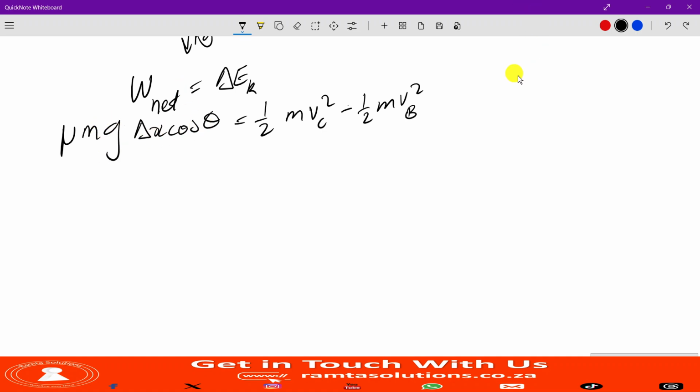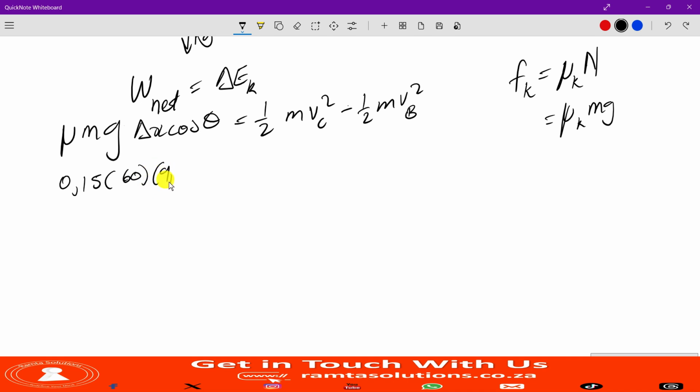Why? Because kinetic frictional force is equal to mu sub k multiplied by the normal force. In this case, the normal force is mass times gravitational acceleration. So it is 0.15 times the mass, which was 60, times gravitational acceleration 9.8, times the distance, which is unknown.